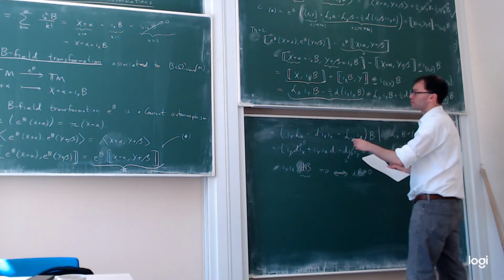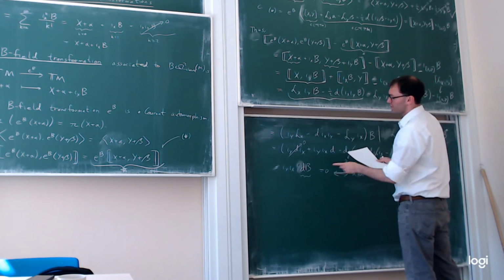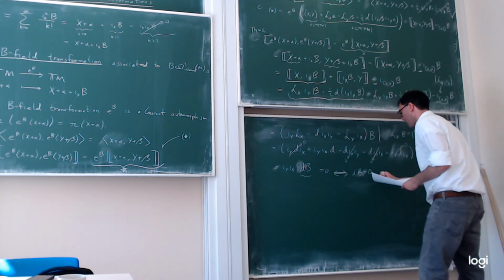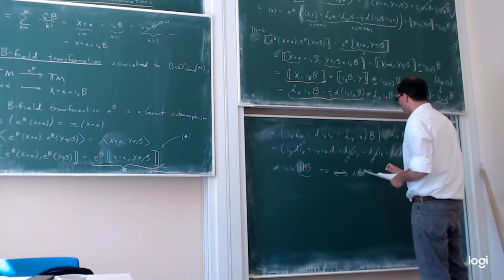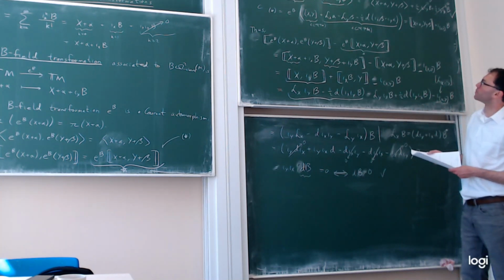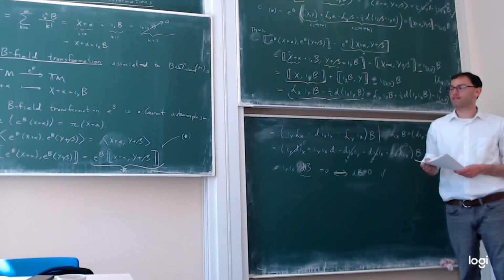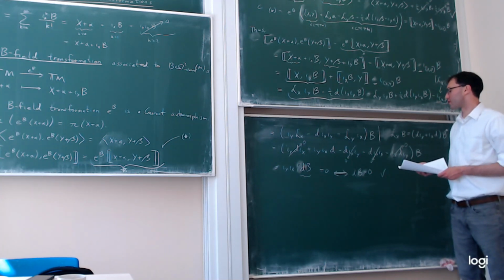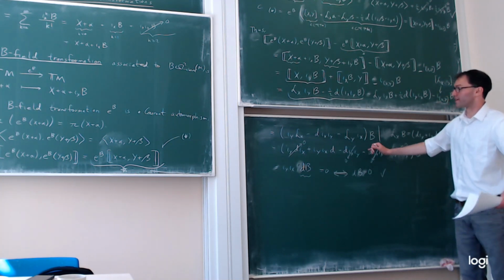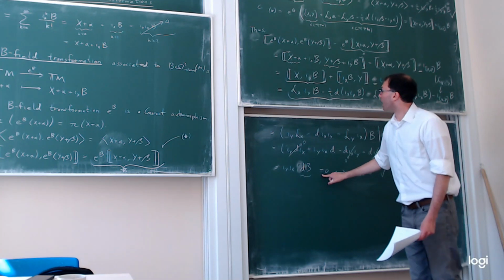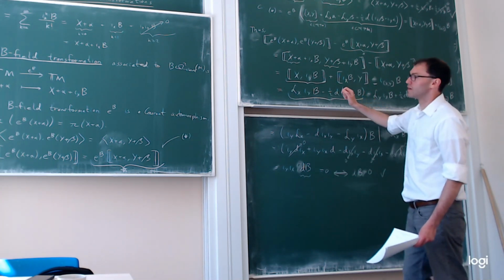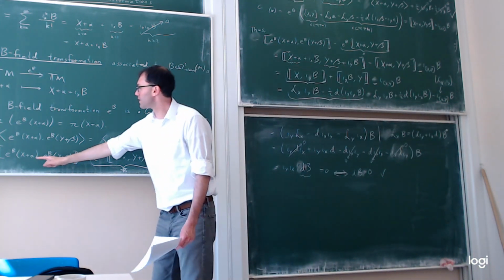This is, of course, for all vector fields x and y. Part of the definition of the B field B is that it is a closed two-form, so we're done. So we have established equality C.